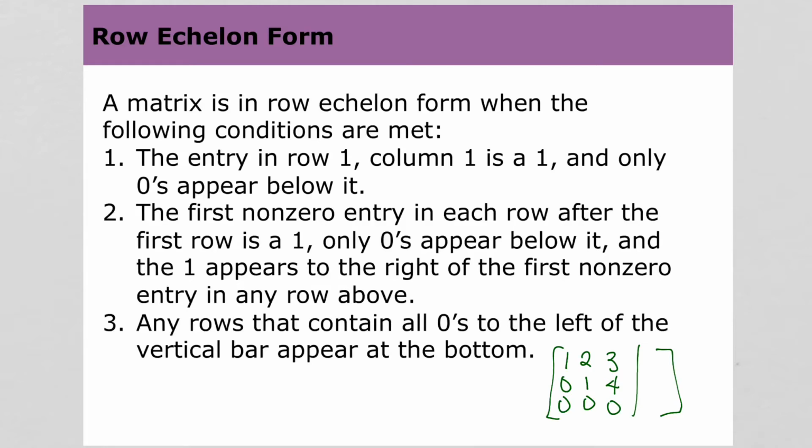And then you get, that one should be 1, whatever number's over here. So notice this diagonal has to have 1s in it, and below the 1s have to be 0. That's row echelon form. And later we'll look at reduced row echelon form, where we'll also get the tops to be equal to 0.